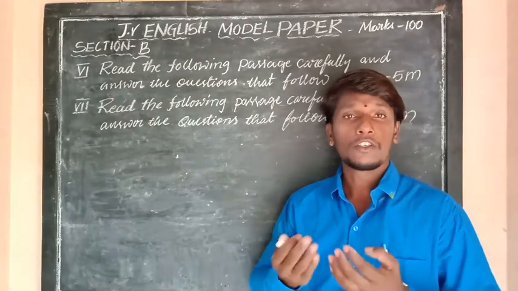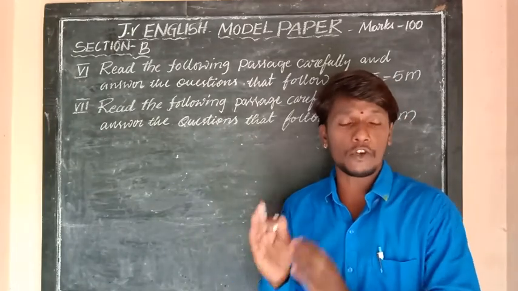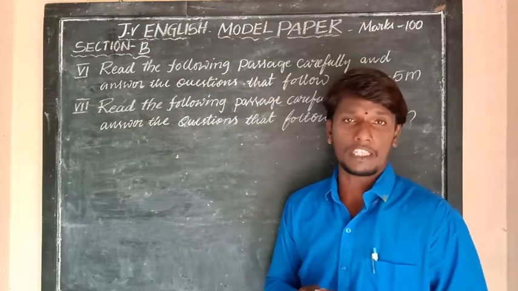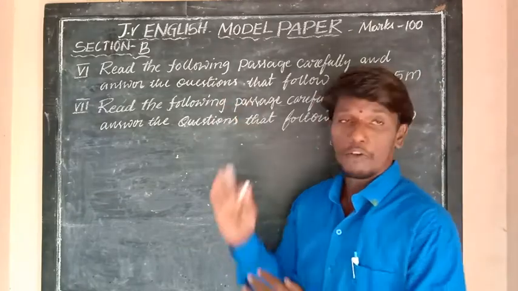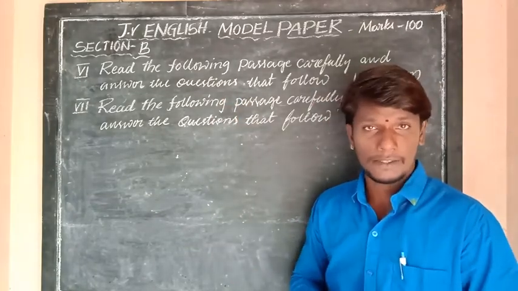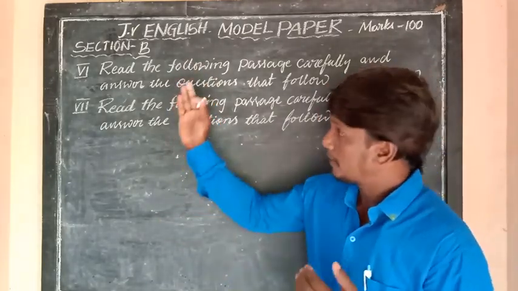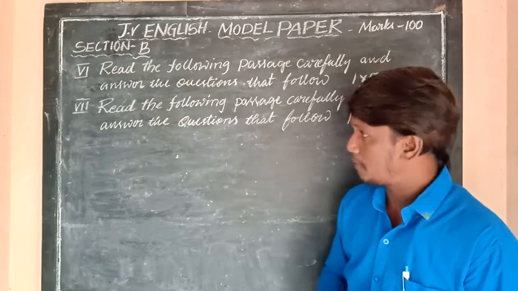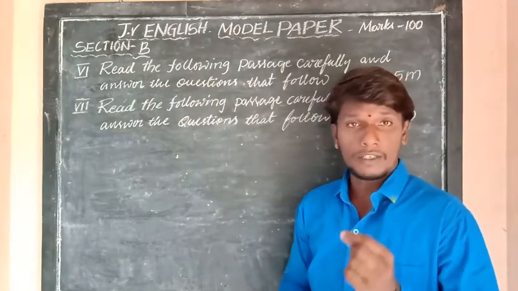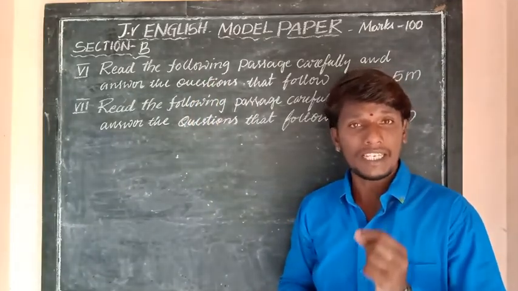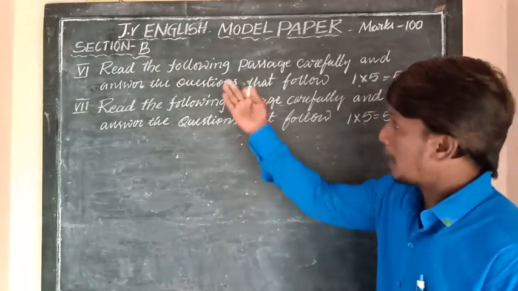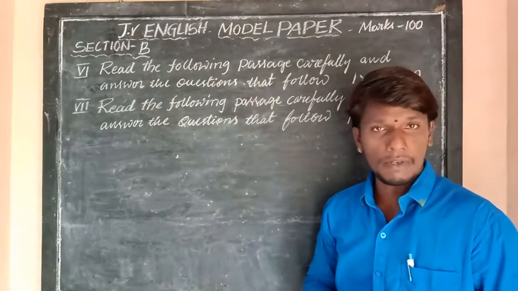These 2 comprehension passages are not asked from within the textbook, so we can also call them unseen passages. 2 unseen passages will be given under section B, that is Roman number 6 and 7. Each comprehension passage is for 5 marks. That means 5 questions will be asked under each passage.